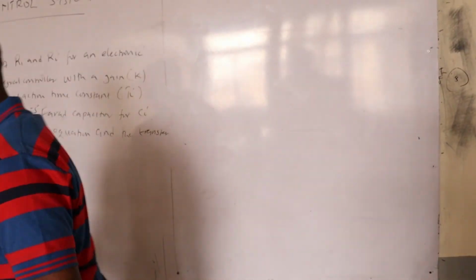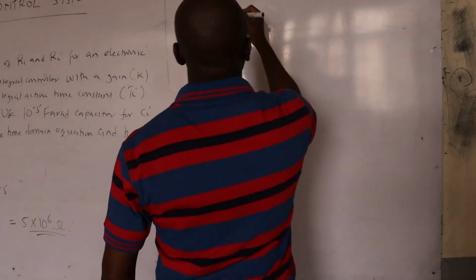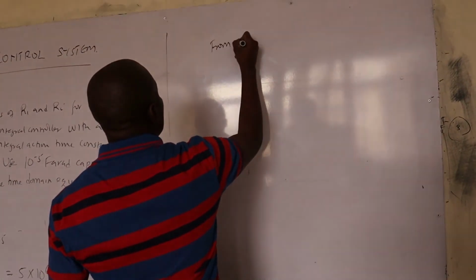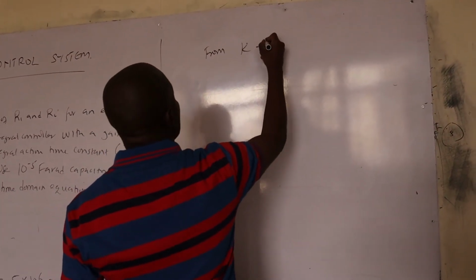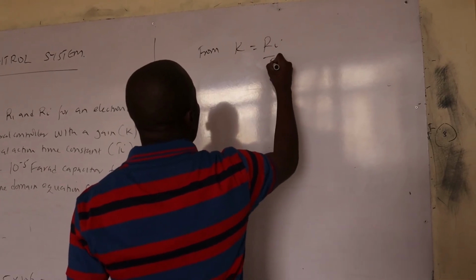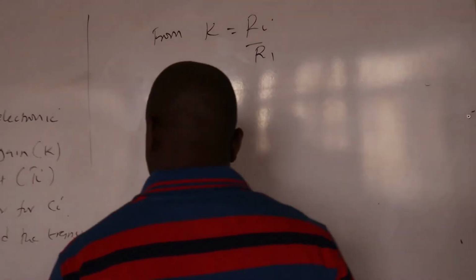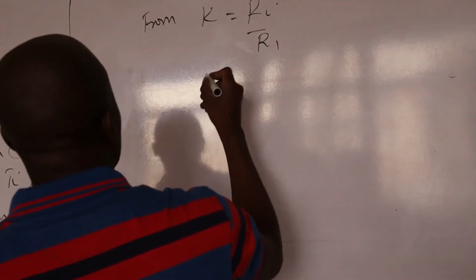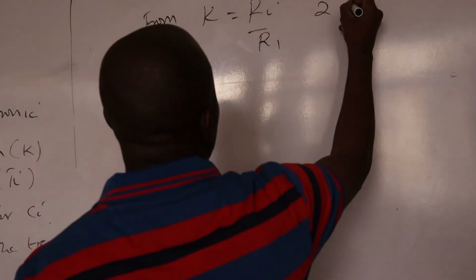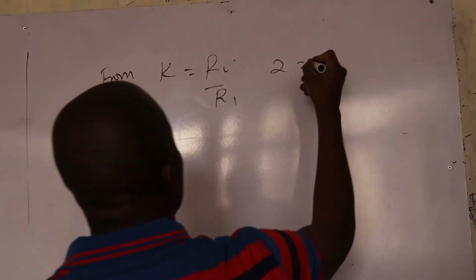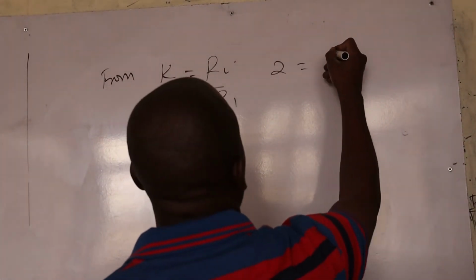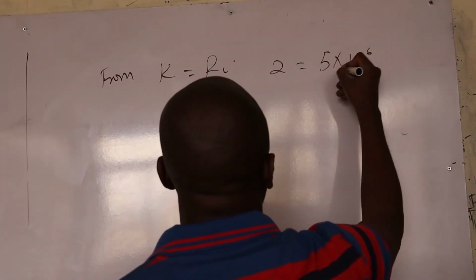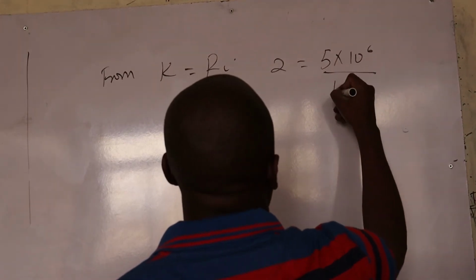K is 2, and Ri is 5 times 10 raised to power 6, divided by R1.